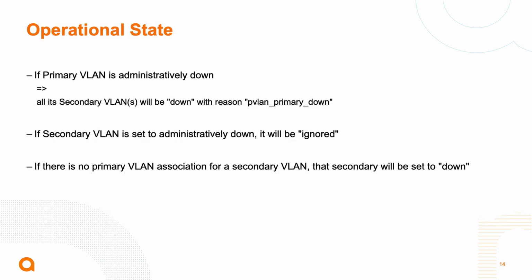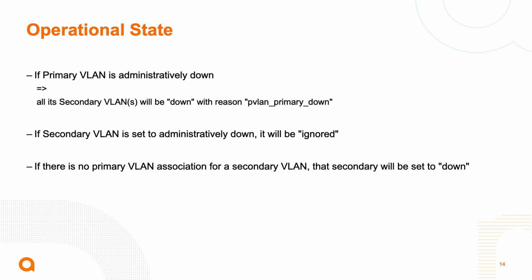Some details on the operational state. If the primary VLAN is shut down, all the secondary VLANs will be down. And if you do the show command, you will see that the reason will be shown as pVLAN primary down.